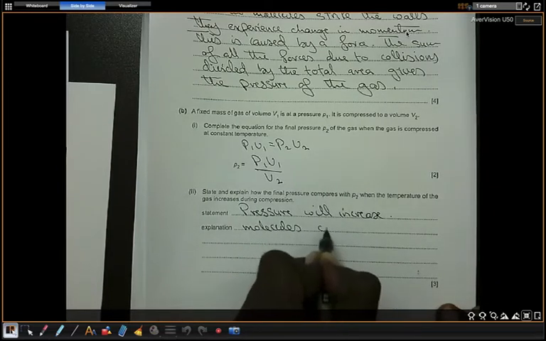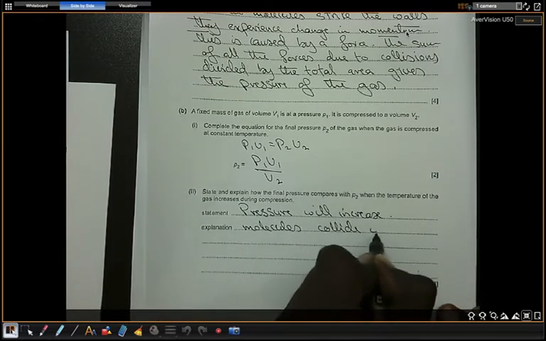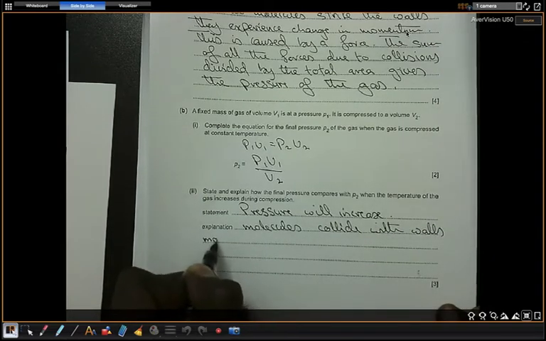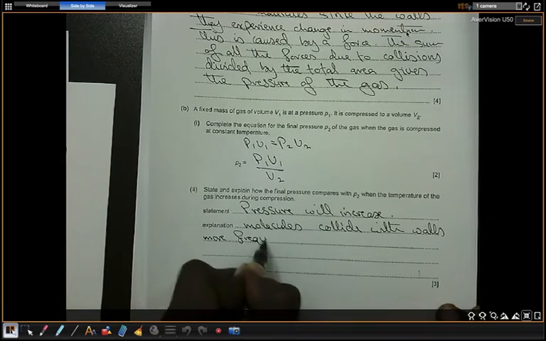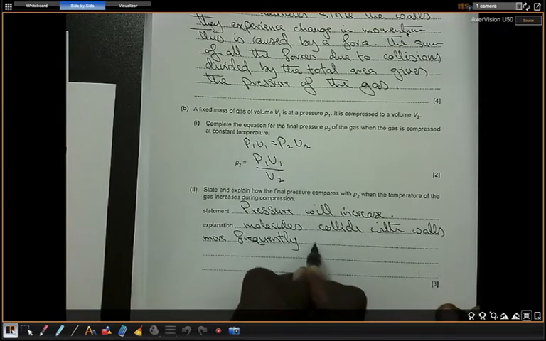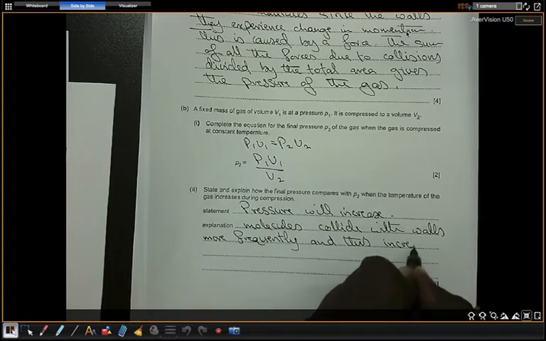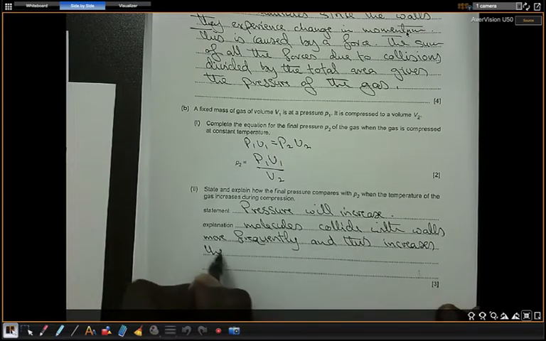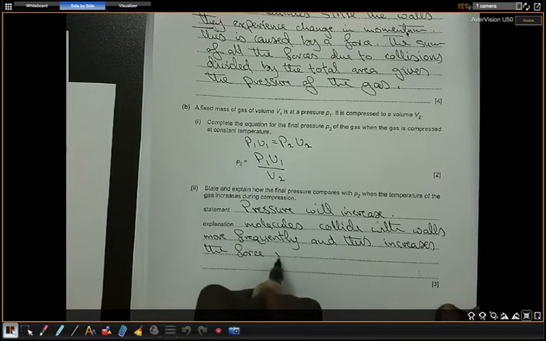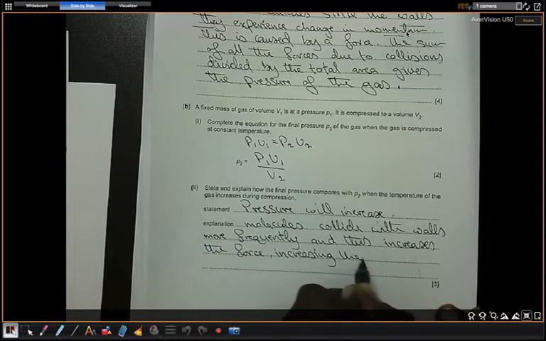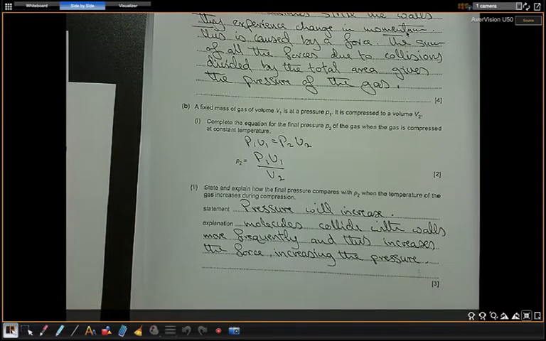Molecules collide with walls more frequently. And this increases the force, increasing the pressure. All right?